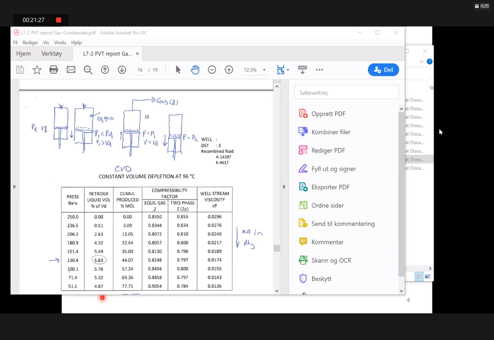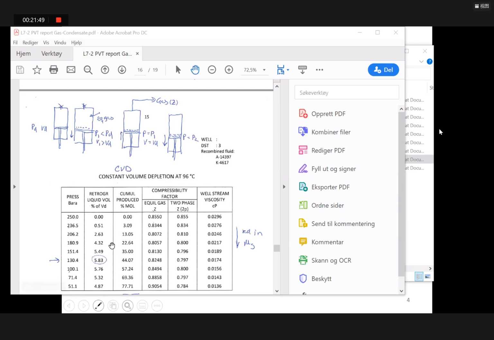And that's typically what will happen when you produce your reservoir, if you don't have an active aquifer. So the reservoir volume is constant, and liquid will precipitate, and the gas is produced.